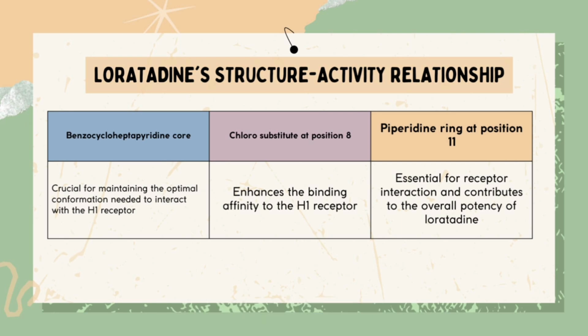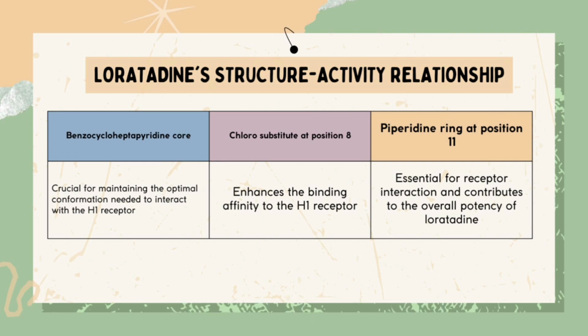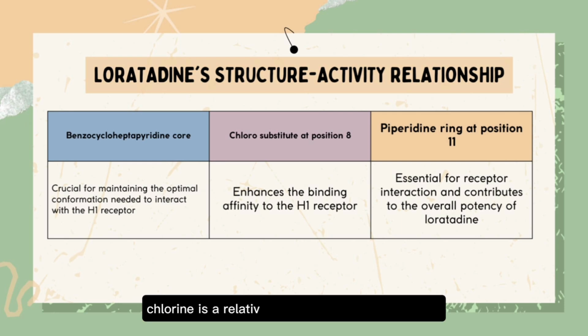Next is the chloro substituent at position 8. It enhances the binding affinity to the H1 receptor, which means that the chlorine atom at position 8 plays a significant role in enhancing the drug's potency. Chlorine is a relatively small electronegative atom.